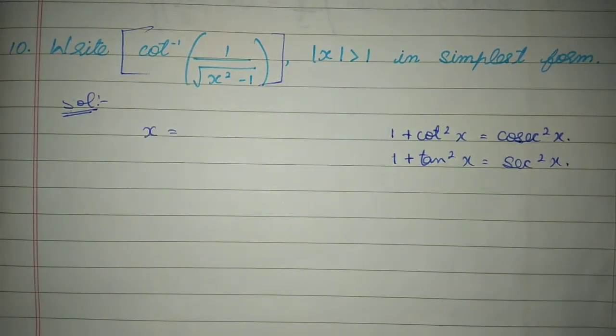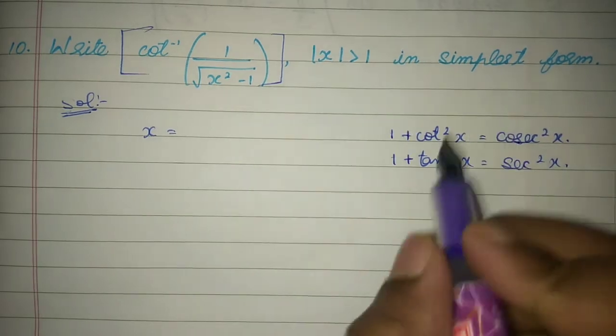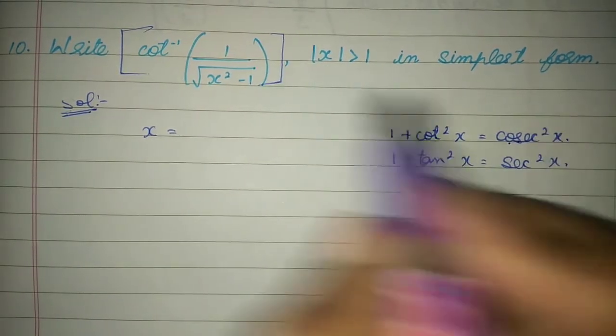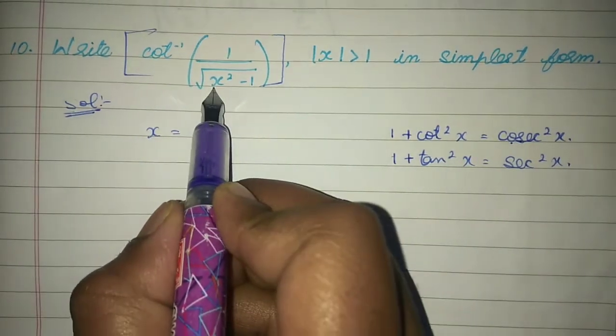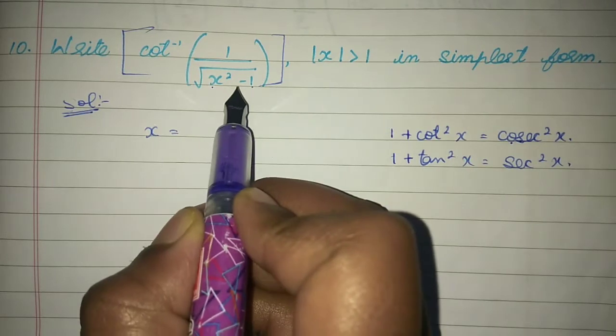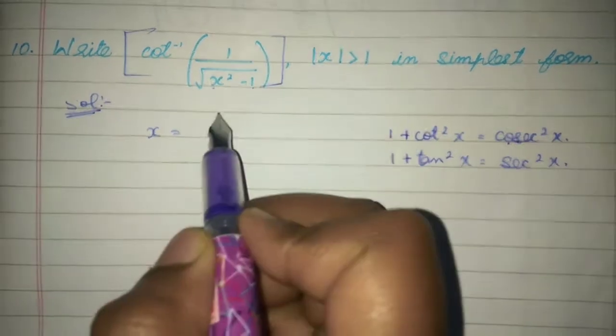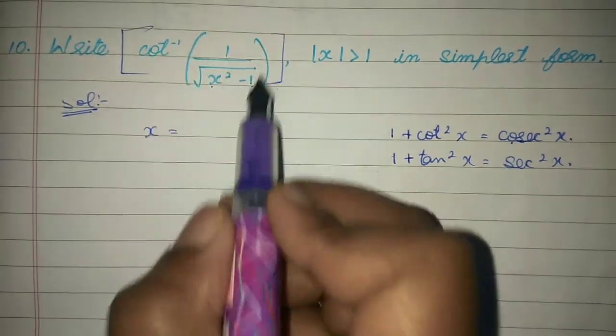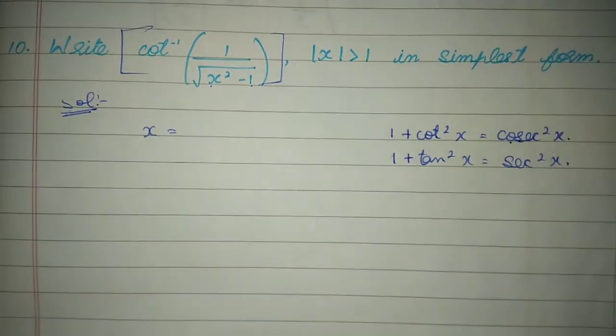X square minus 1, we can just assume like that. If you simplify, you will have cosecant minus 1, which is root of cot square. The root and square will get cancelled, so you will have only cot inverse of 1 by cot, where you can't do anything.